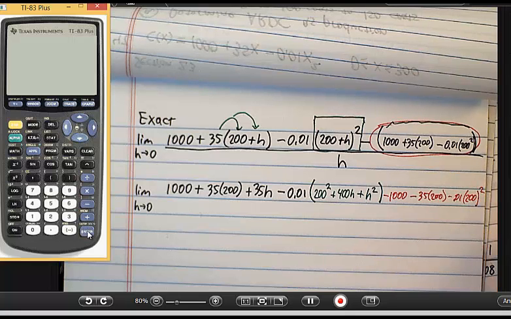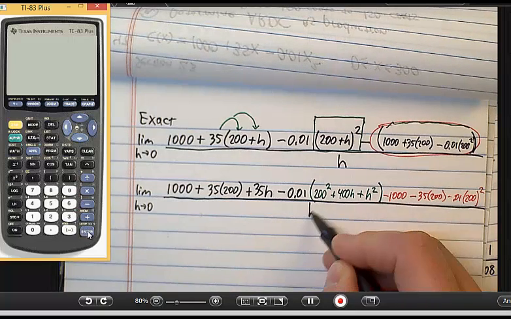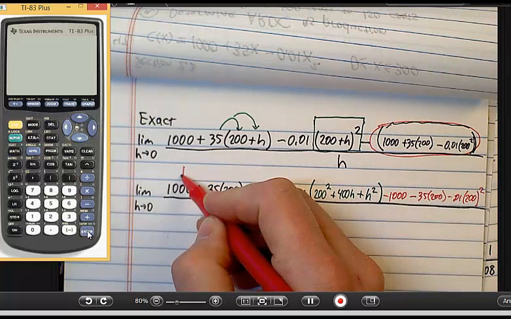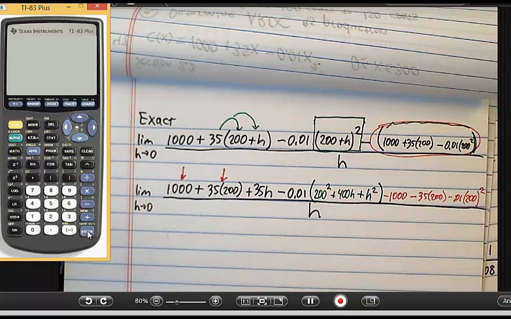Do you see that all that red stuff's going to go away? Well, let's see. Here's the 1,000, right? Here's the 35 times 200. What about the other part? Isn't it plus 0.01?